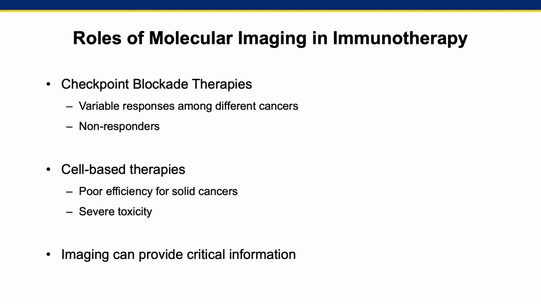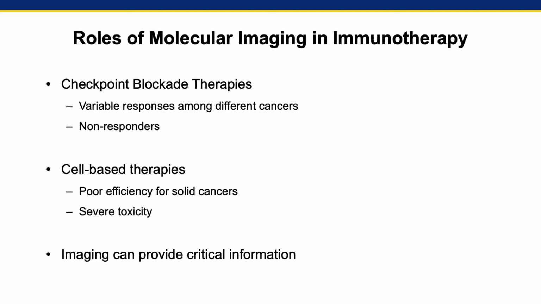Despite the success of these cancer immunotherapies in certain types of cancer, there are still many hurdles to overcome. For example, for checkpoint blockade therapy, there are variable responses among different cancer types, and there's a population of non-responders. For cell-based therapies, the majority of solid cancer efficacy has been poor, and there is severe toxicity accompanied with cell-based therapies.